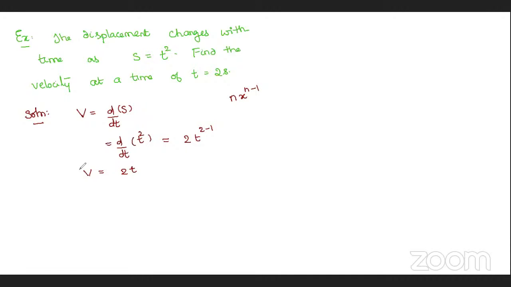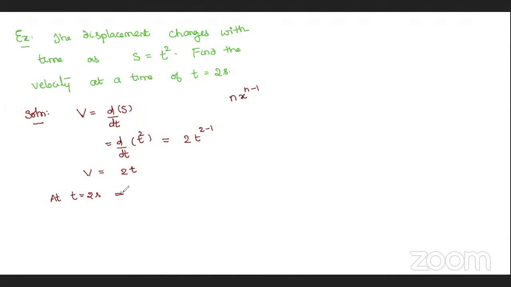You got this using the mathematics. This is the mathematics part. But he is asking the velocity at t is equal to 2 seconds. His intention is you have to substitute t is equal to 2 there.